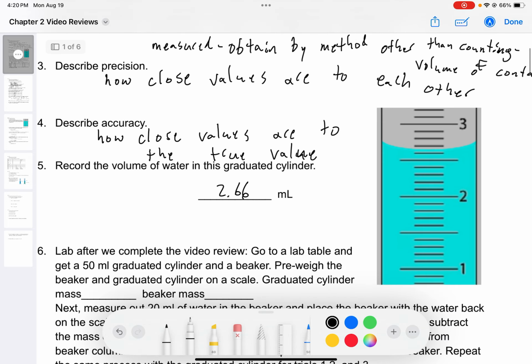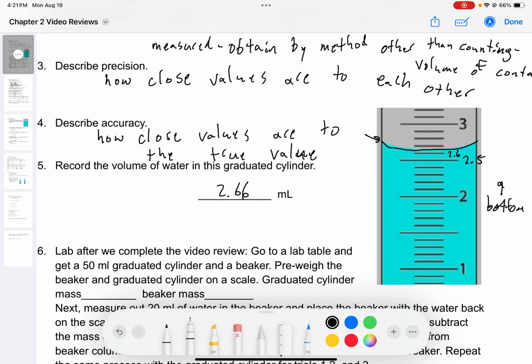We recorded, remember I was looking at this meniscus line right here, and I said we needed to figure out or read the accurate volume of that. And remember, on a graduated cylinder, you read from the bottom up. So this was 2, this is 2.5 right there, this is 2.6.